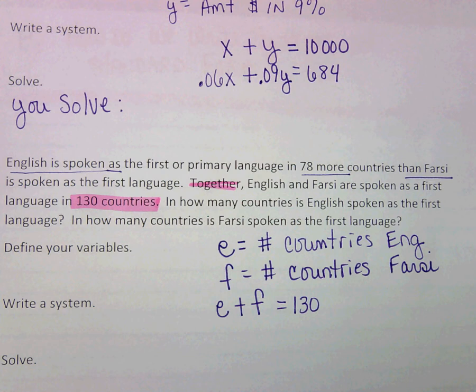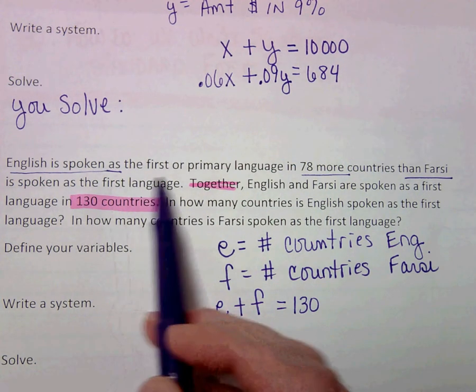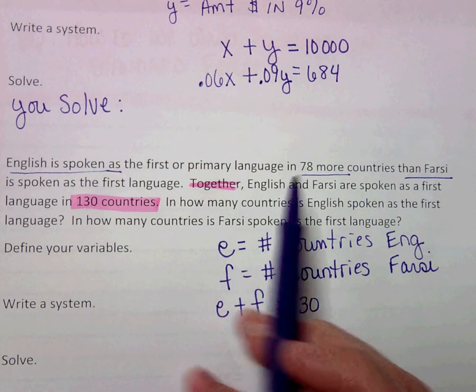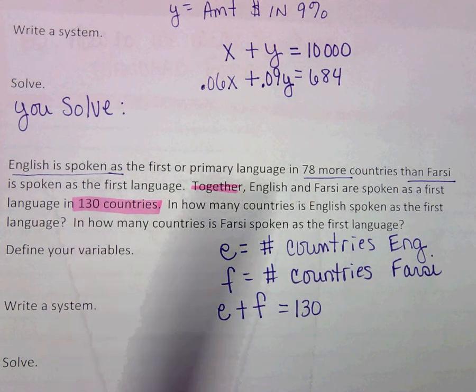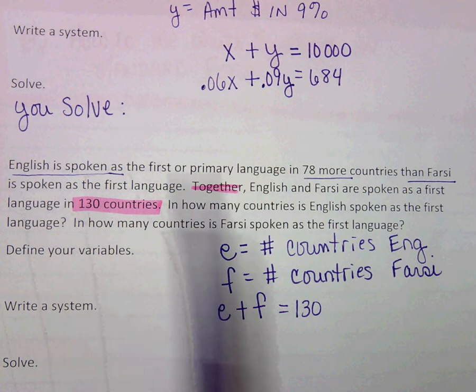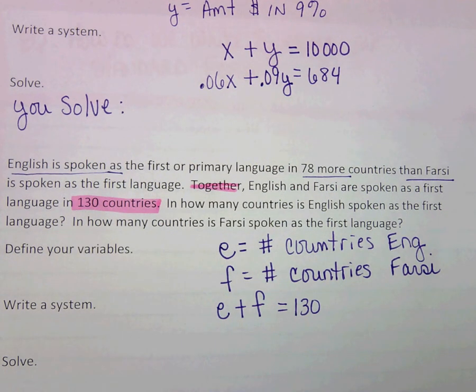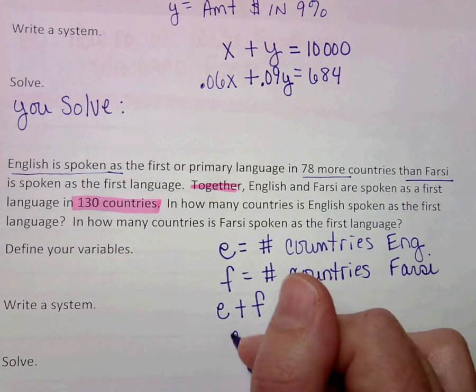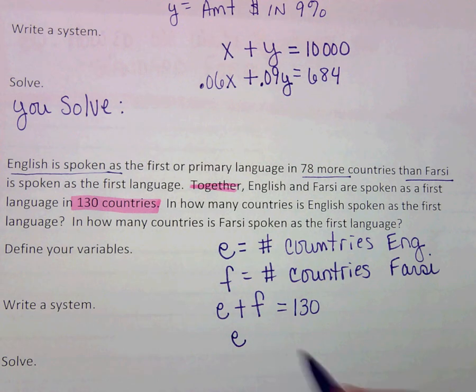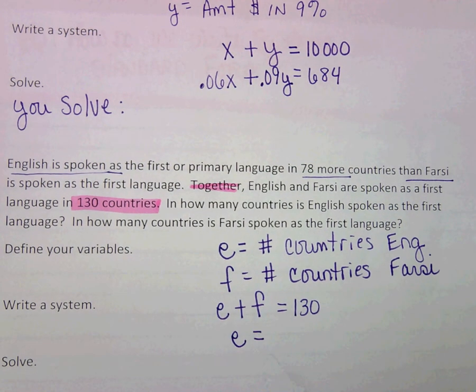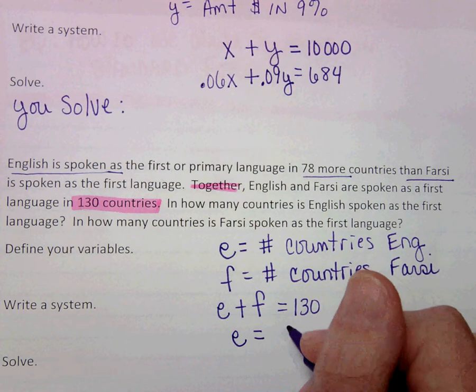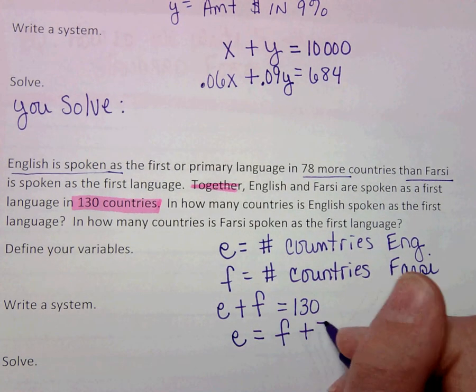The next one, when we translate this first sentence, what I want to ask you is which is there more of, English countries or Farsi countries? And I hope you realize that there are more English countries. So the English countries are equal to the Farsi plus 78.